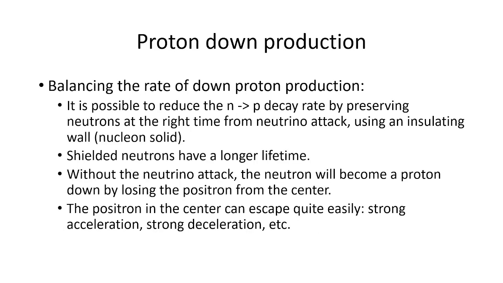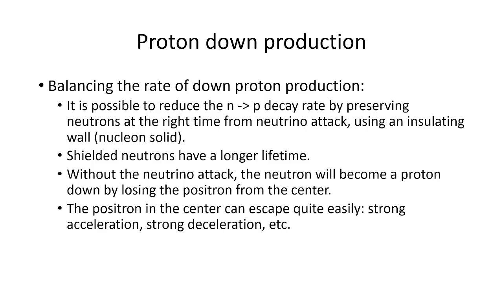Proton down production. Balancing the rate of down proton production, it is possible to reduce the N2 proton decay rate by preserving neutrons at the right time from neutrino attack using an insulating wall, Nucleon solid, for example.